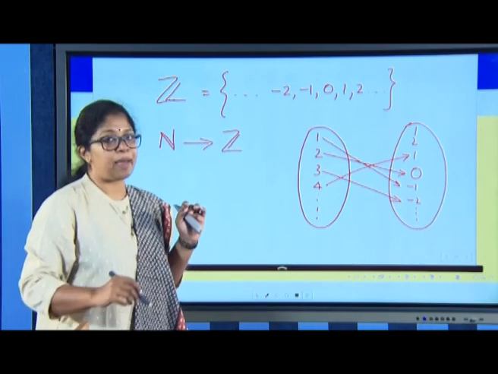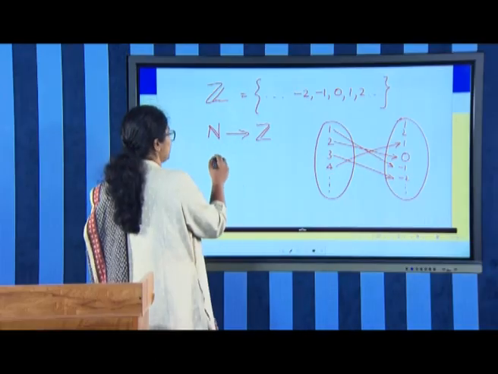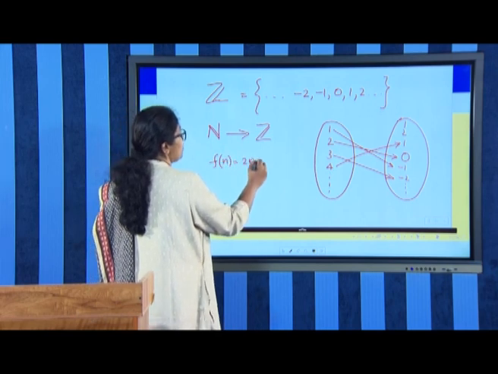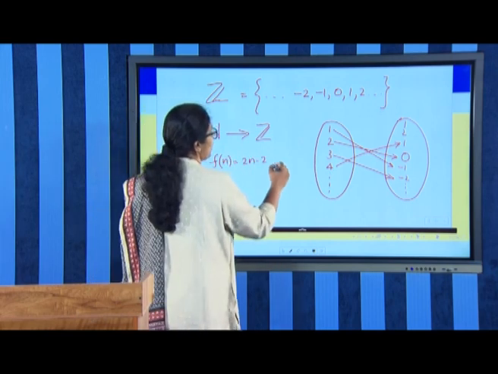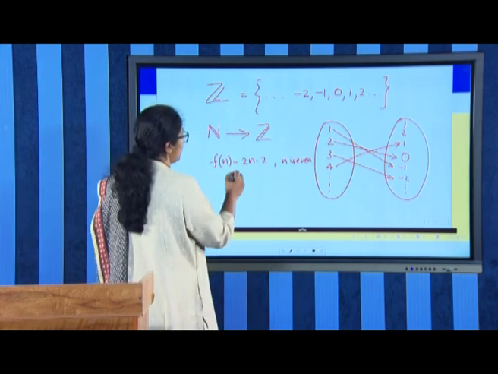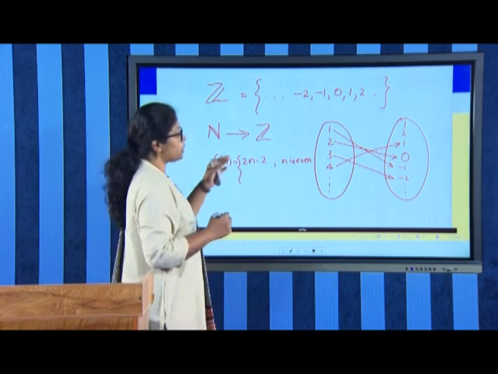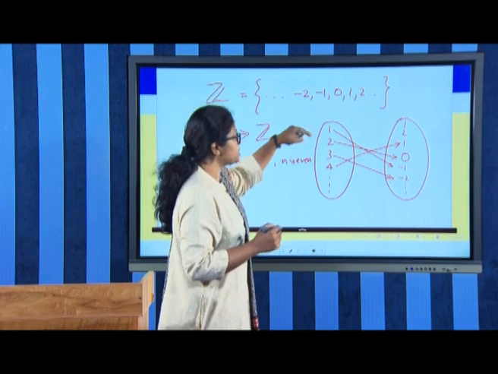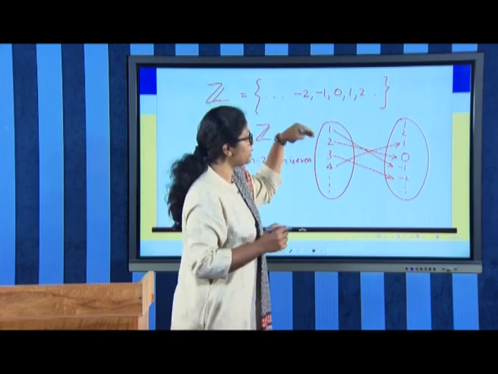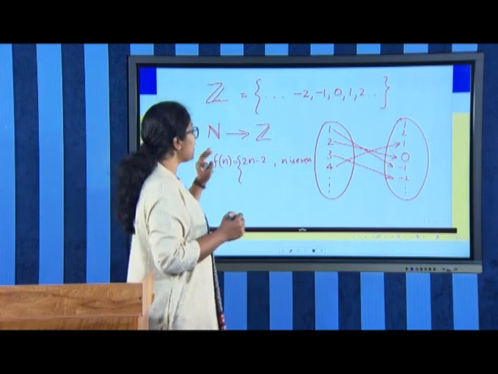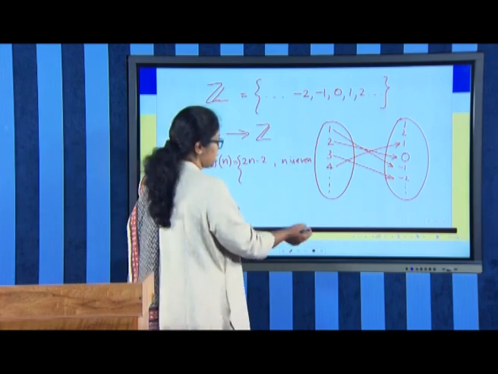And such a mapping can be defined also. f(n) = 2n - 2 whenever n is even, and a similar definition for odd natural numbers will give you a precise definition of 1 to -1, 3 to -2 and so on. We can see such a mapping, and this is again a bijection.